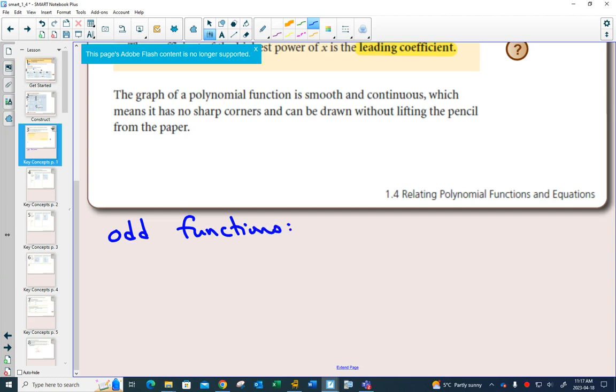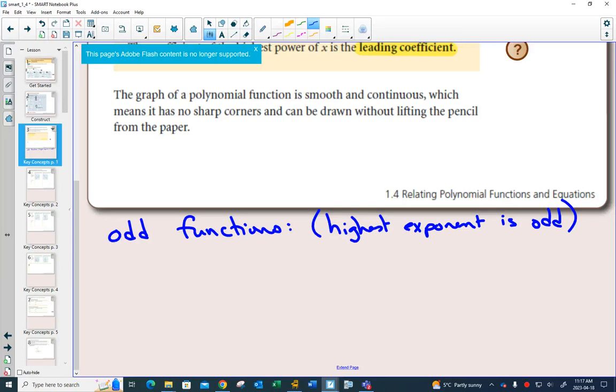And odd functions are when the highest exponent is odd. Nicely defined. Boy, it would really mess you up if they decided we're going to call the odd functions where the highest exponent is even, and the even functions where the highest exponent is odd. Just a mess. No. An odd function is when the highest exponent is odd.